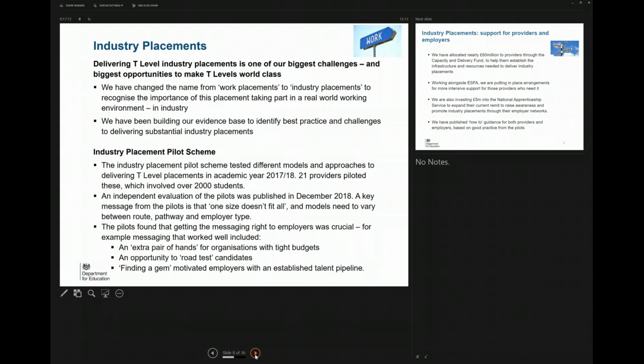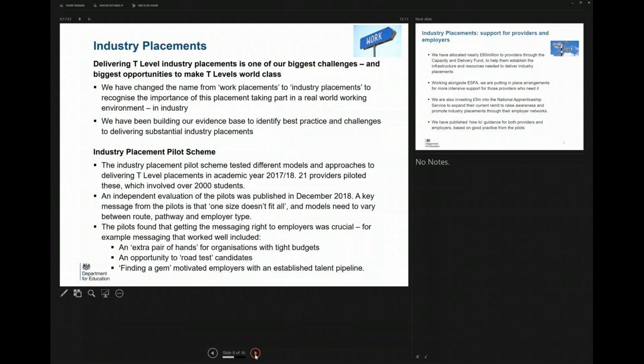We have been building up our evidence base and piloting T-level style placements with providers since 2017. We ran a 2017 to 18 pilot with 21 providers involving over 2,000 students. And that for us was incredibly helpful in terms of helping to identify best practice, to identify some of the barriers and opportunities that we needed to work through in order to make the industry placement model work at scale.